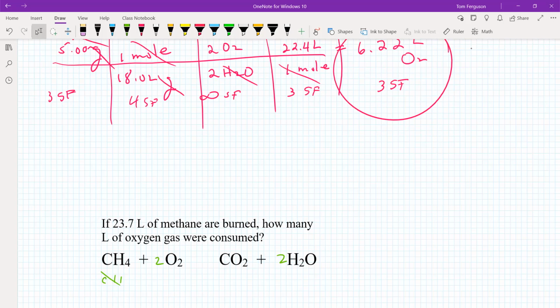Every problem's got the same setup. Get it to moles, mole ratio, go from moles to what you're trying to calculate every single time. So a lot of you look for patterns in your problem solving methodology. Well, this is the pattern.